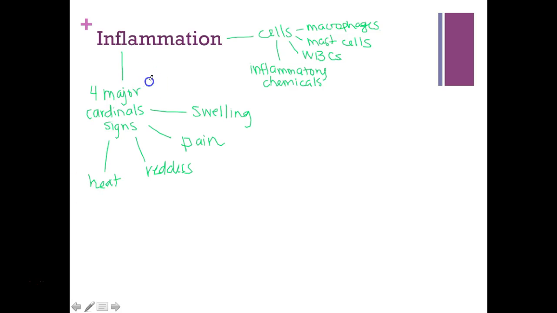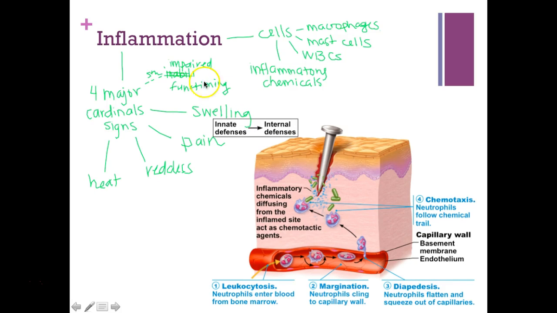And I'm going to put this little guy as a dotted line here because some people include a 5th cardinal sign, and that is going to be, actually, let's do impaired functioning. Okay, great. We've got our major cardinal signs. So how does all this happen? Well, I have a wonderful slide here for you.